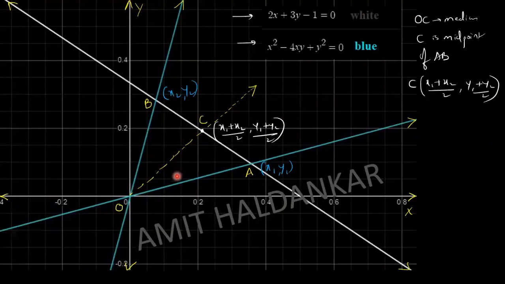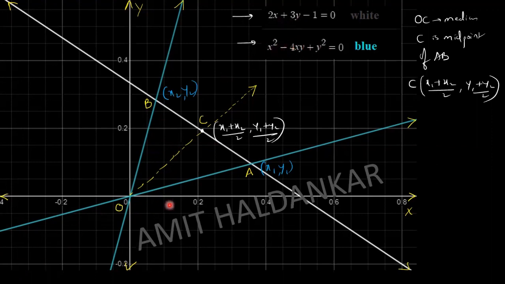So I'll just summarize what we did. We have these two lines whose combined equation is given to you, and we have this line over here. So we eliminate one of the variables and substitute over here so that we get the value of either x or y, and then we turn this into a quadratic equation in one variable.